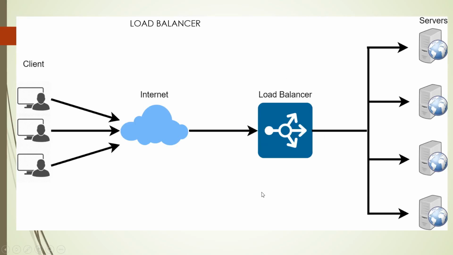What the load balancer will do is this: we configure a number of servers, and before the servers we put the load balancer. Whatever traffic comes from the clients will come to the load balancer, and the load balancer will check the health of the servers and accordingly forward the traffic to the respective servers, equally.